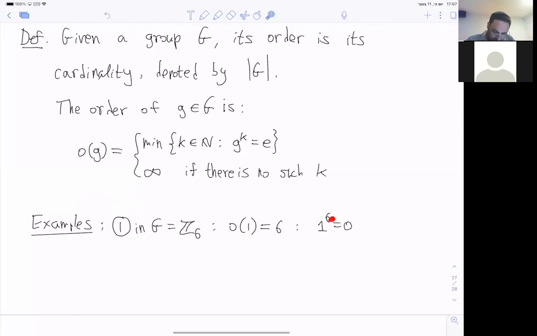Because the power of 6 is 1 plus 1 plus 1, 6 times. So this is our e. But the order of 2 is 3.